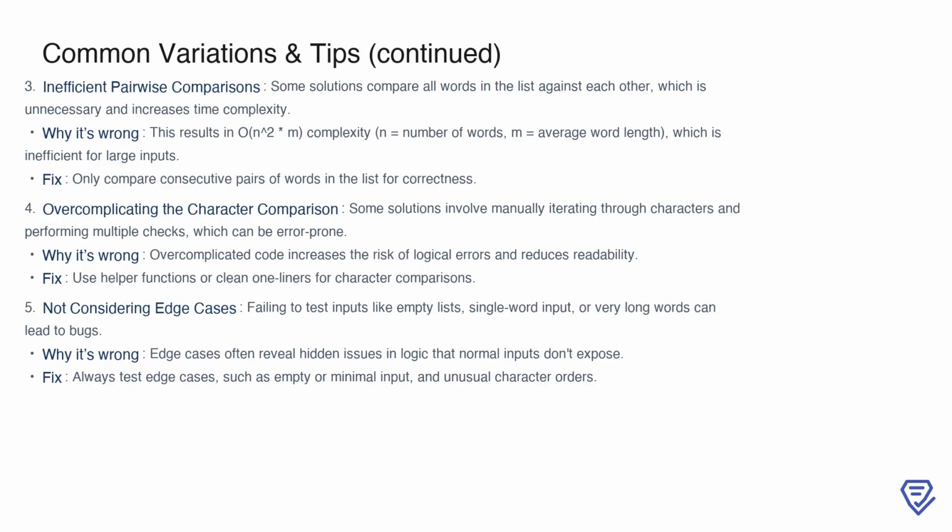Overly complex code can introduce logical errors and make your solution harder to understand. A better approach is to use helper functions or concise one-liners for clarity. Finally, many solutions fail to consider edge cases, such as empty lists, single-word inputs, or very long words. These scenarios can expose hidden bugs, so it's crucial to test your solution against diverse inputs to ensure robustness.